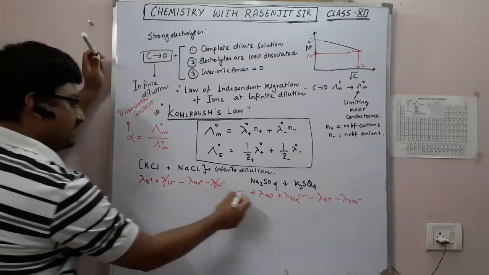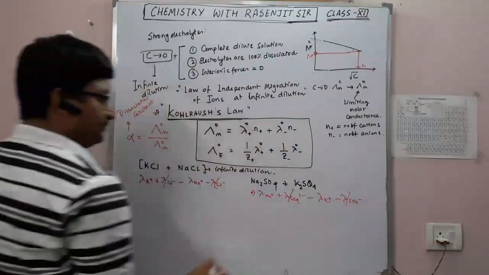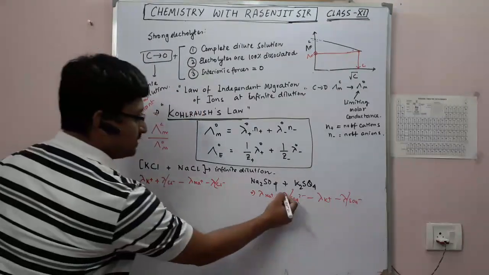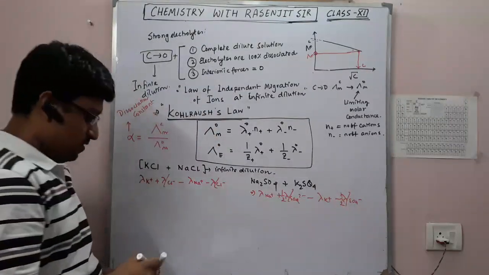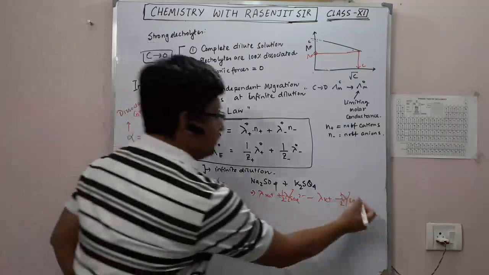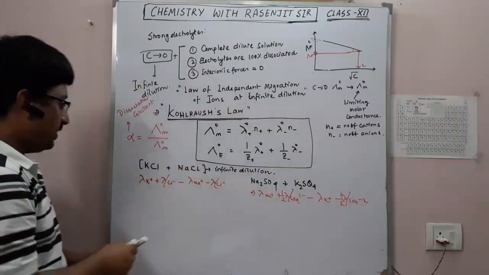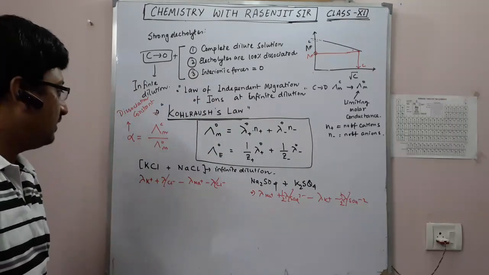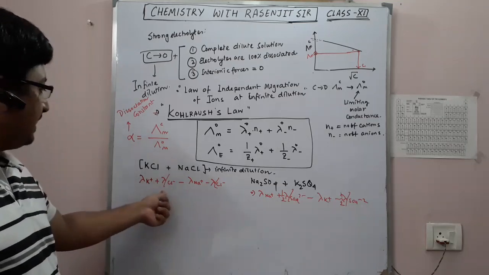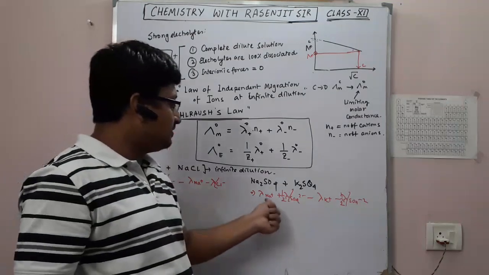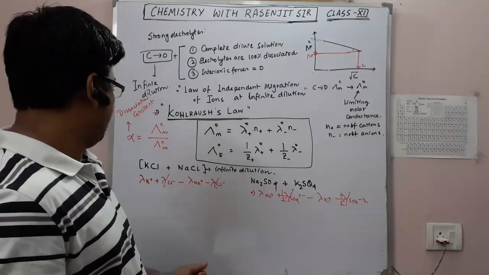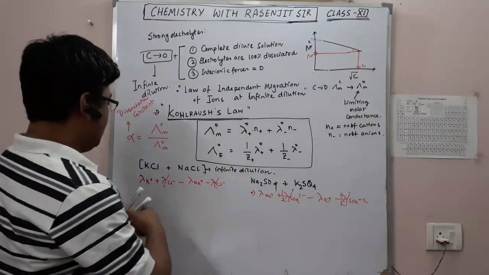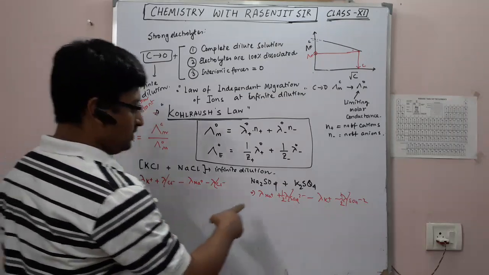Now this will cancel out and this will cancel out. Can you see one thing here? This is also lambda K minus lambda Na. This is also lambda Na and lambda K. I'm sorry, something is wrong.